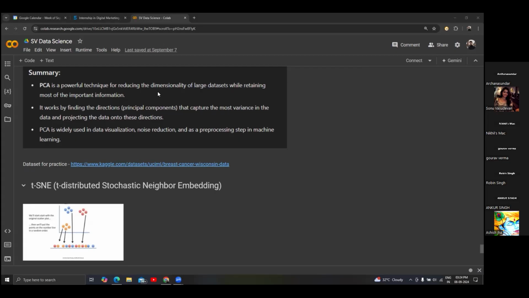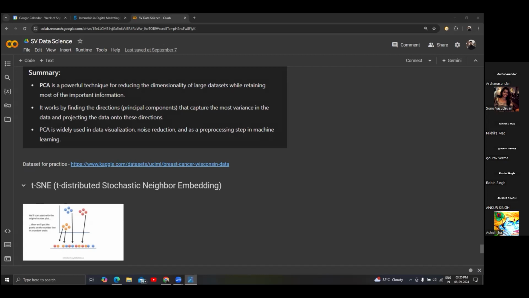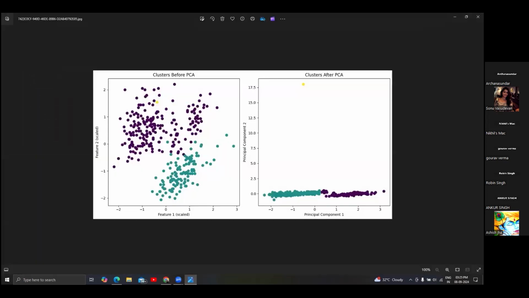Because then it will not compress it, it will start confusing. You will not see a very clear diagram like this one. You will have a lot of clusters. If there are a lot of features, a lot of clusters will be there.